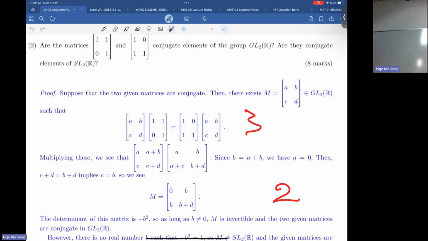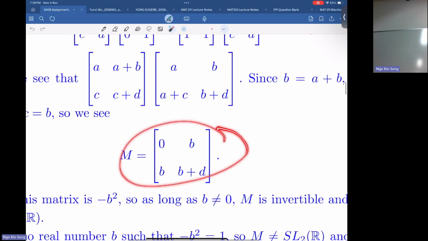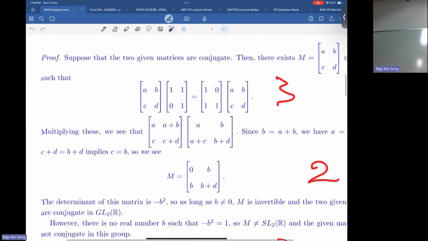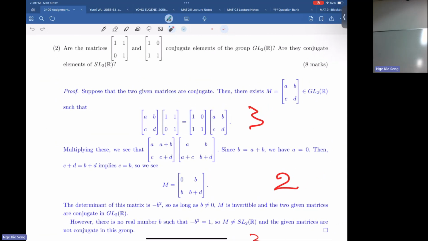Okay, so there's one pattern you got. It's either 0, B, B, B plus D, or I think some of you got B plus D, B, B, 0. The determinant of this matrix is just minus B squared. So you just need to make sure that minus B squared is not 0. Then you can get your G that helps you to conjugate your matrix.